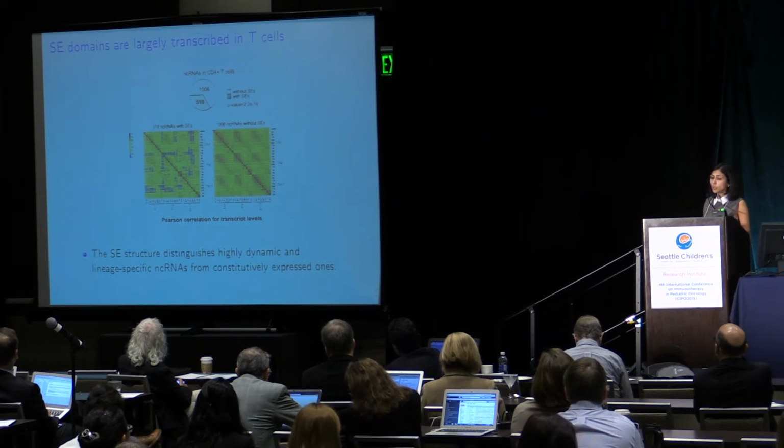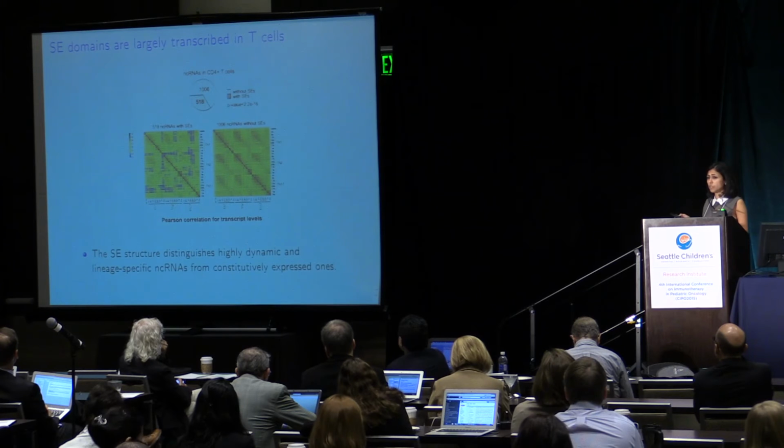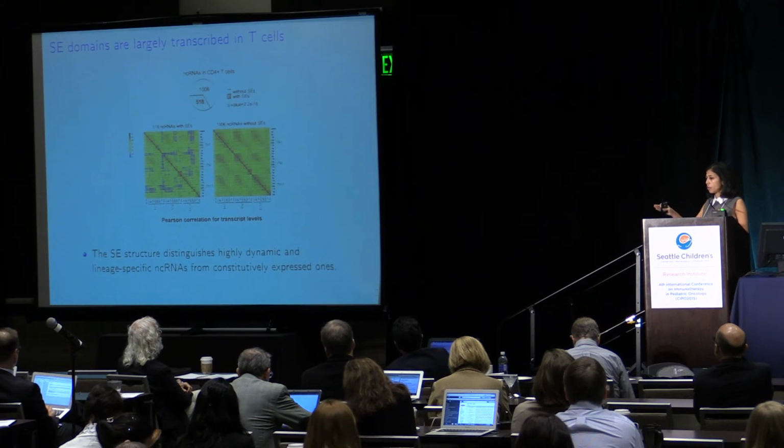By looking at the gene expression of T cells during differentiation, we learned that the non-coding RNAs that overlap with a super enhancer structure are highly dynamic. Their expression changes during T cell differentiation, and the expression is also incredibly lineage specific.